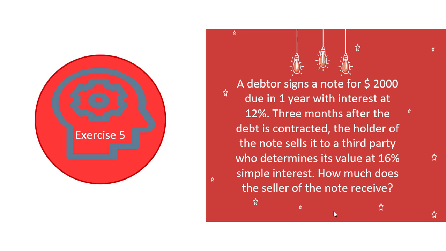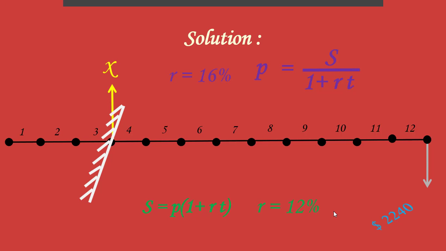The third date is called discount date. In time diagram, date of note is now. Maturity date after 12 months. Discount date after 3 months.